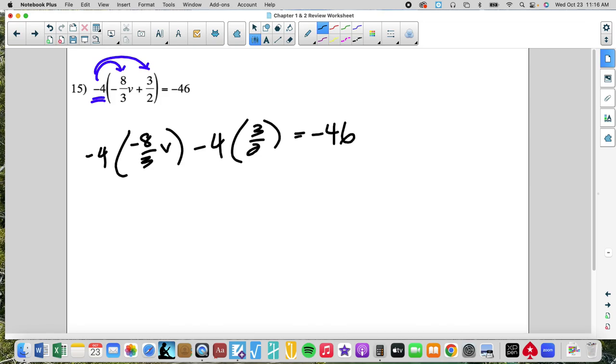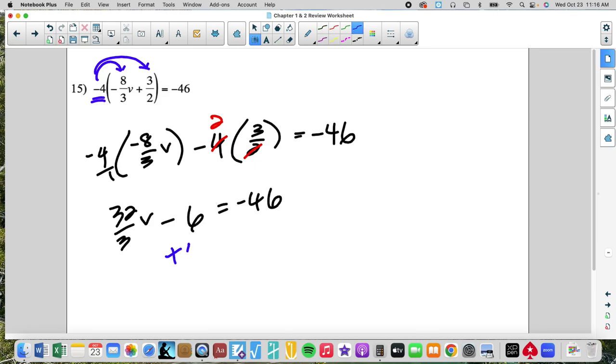These don't cancel, so I'm left with 32 over 3v. 4 is negative 4 over 1, so negative 4 times negative 8 is positive 32. 1 times 3 is 3. And here I can cancel. So that's a 2, so I'm multiplying negative 2 times 3, which is negative 6, equals negative 46.